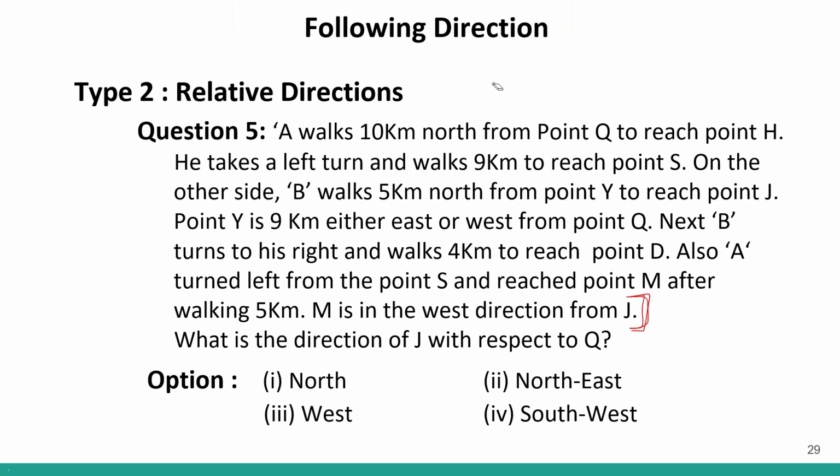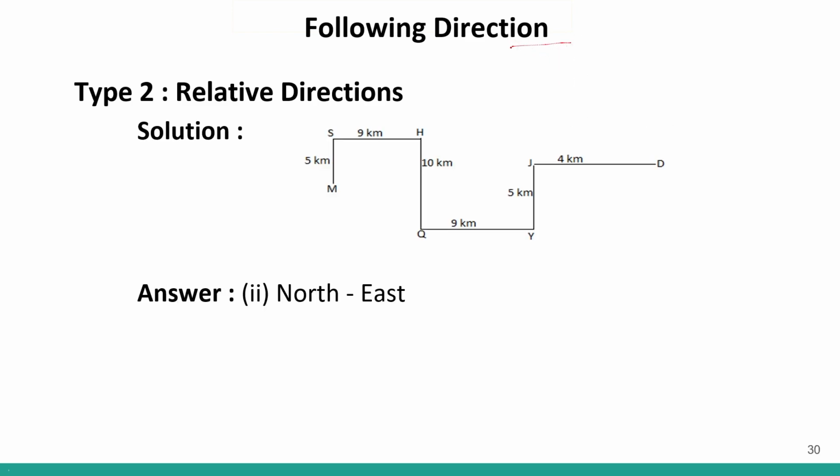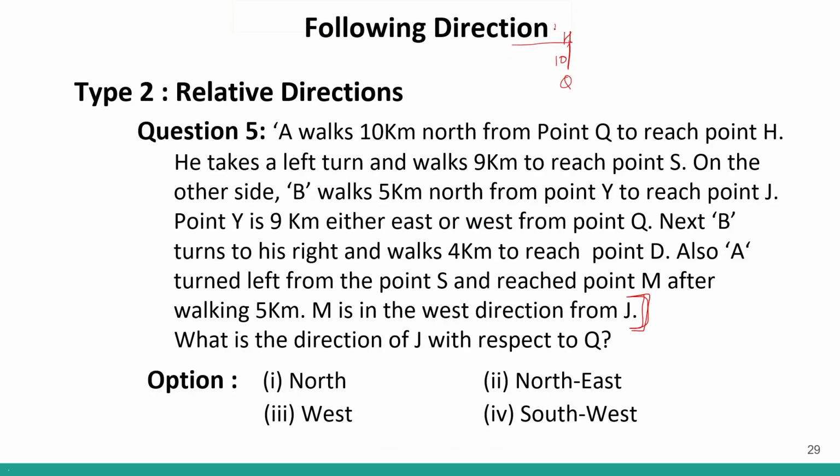A walks 10 kilometer from point P to reach point H. Then he takes a left turn and walks 9 kilometer to reach point S. Then here at the 9 kilometer distance we have point Y. From Y he is walking 5 kilometer upwards to reach point J. This is 5, I'm drawing to scale, so 5 is this, let's say, right?